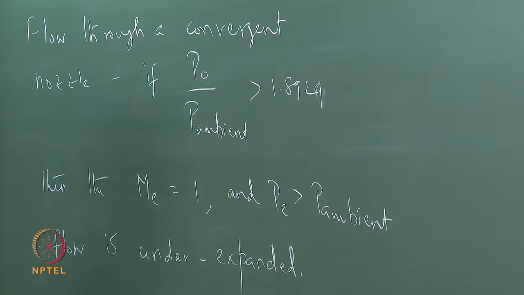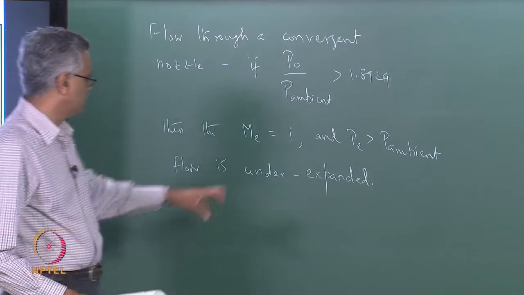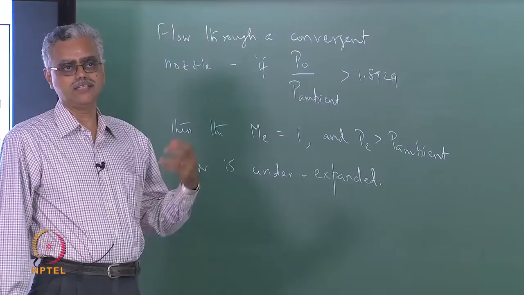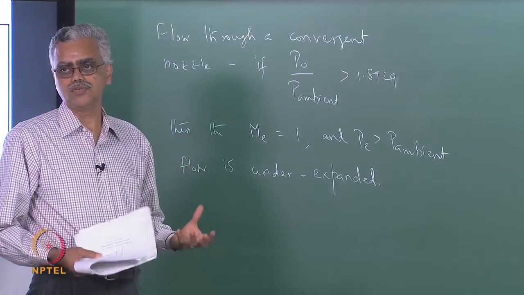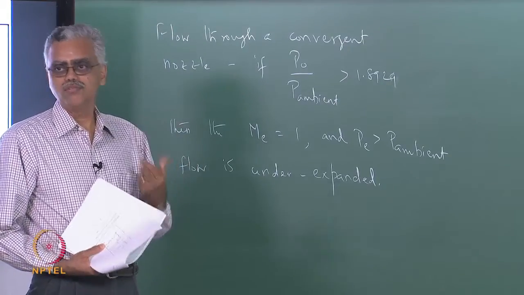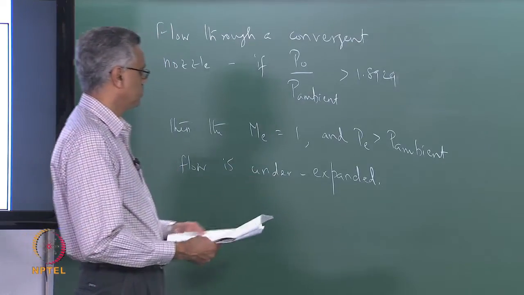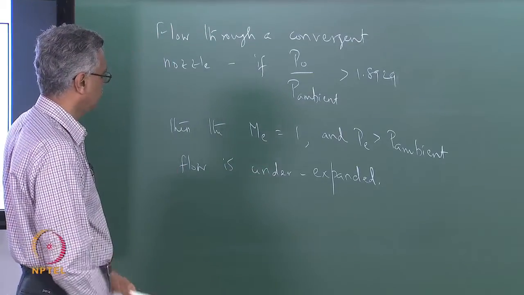And one of the consequences of the under expansion was that the subsequent expansion of the fluid takes place in the air, and unless the expansion takes place against a solid surface, we cannot really effectively convert that into thrust. So, this is undesirable for that reason, and must be avoided.